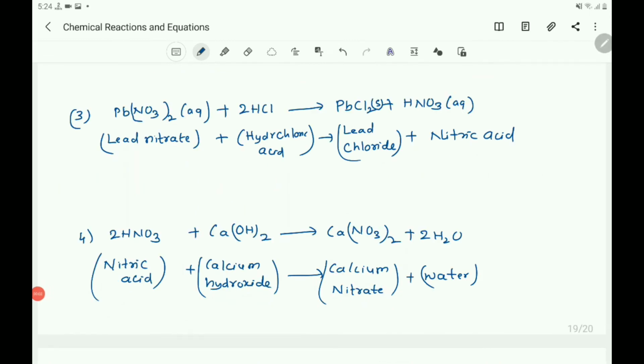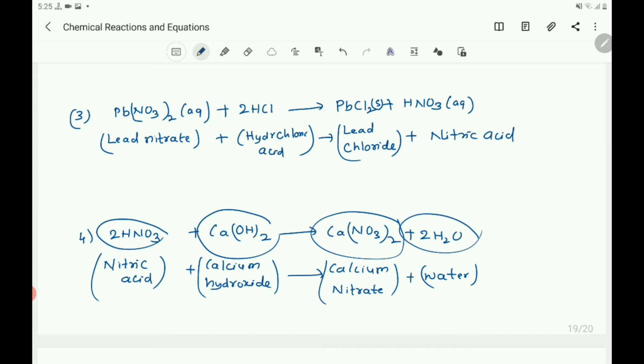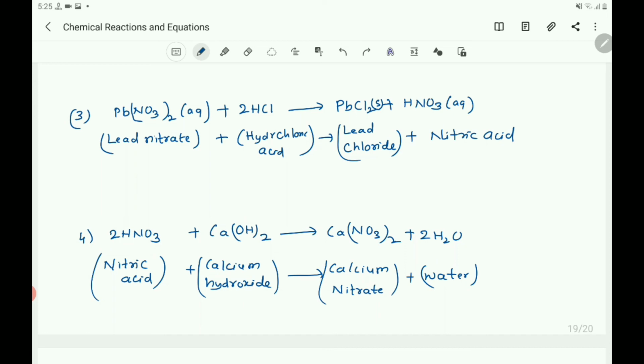Next, the fourth one: nitric acid reacts with calcium hydroxide to give calcium nitrate plus water. Here also the reactants exchange their partner ions. Here hydrogen ions exchange with calcium ions and NO3 exchanges with OH ions.